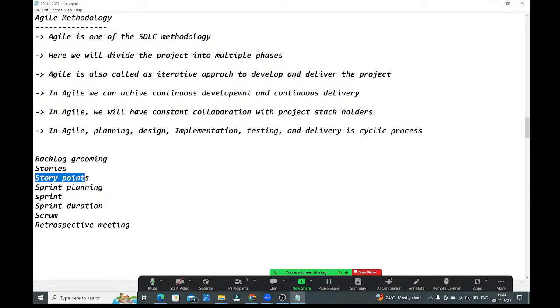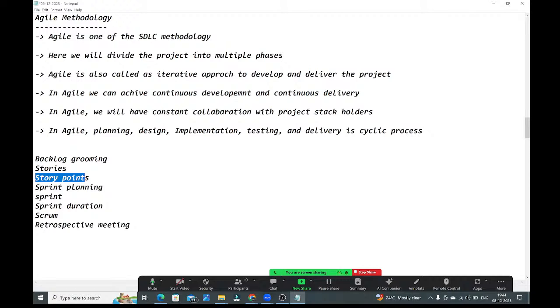So in the sprint planning meeting, we will identify which stories we need to work on in the current sprint and the coming sprint, and what the high priority stories are. Those things will be identified in sprint planning only. Sprint planning and backlog grooming are all meetings only, guys.